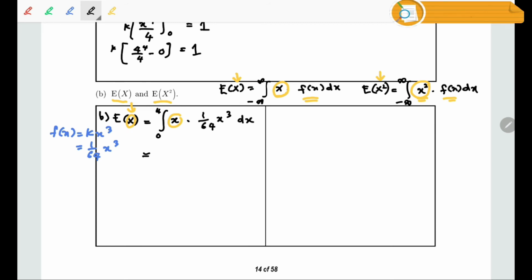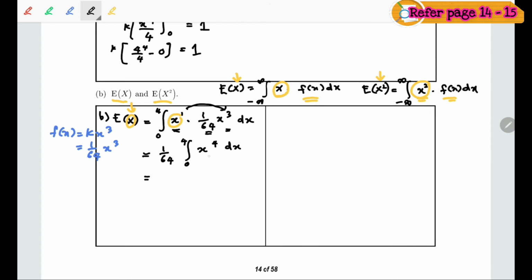Before we integrate, we expand this x with the other x cubed. Since we have 1 over 64 here, I will take out the 1 over 64. So 1 over 64 times the integral of x power of 4, since x power of 1 multiplied with x power of 3 gives x power of 4. Don't forget the limit, from 0 until 4.